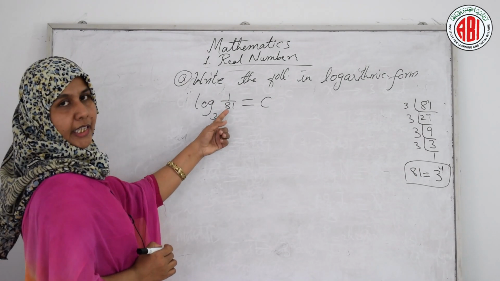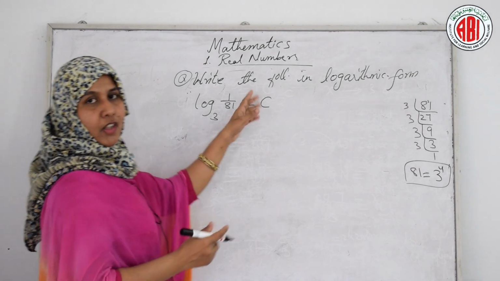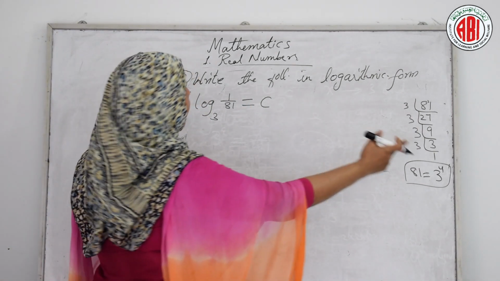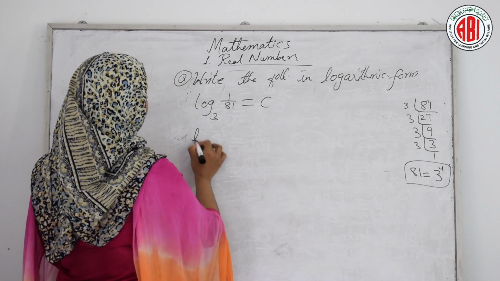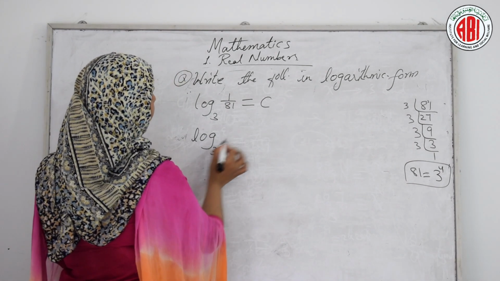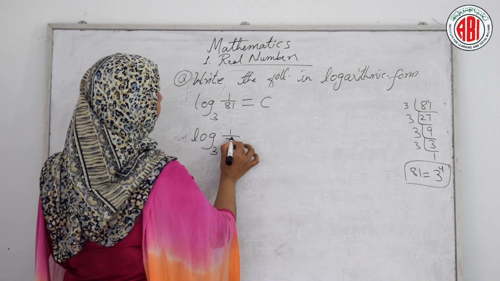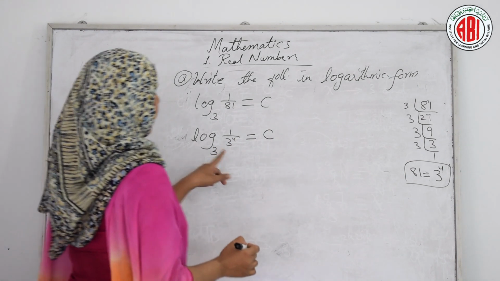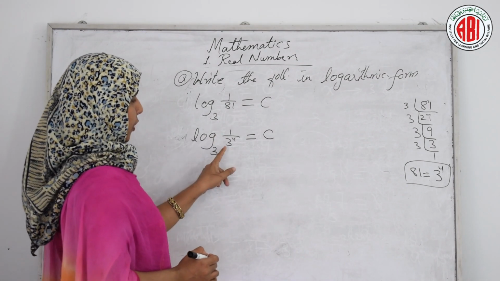Log of 1 by 81 base 3 is equal to c. So what we can do? We can write 81 as 3 to the power 4. Log base 3 of 1 by 3 to the power 4 is equal to c. Now this is an exponential form, no?